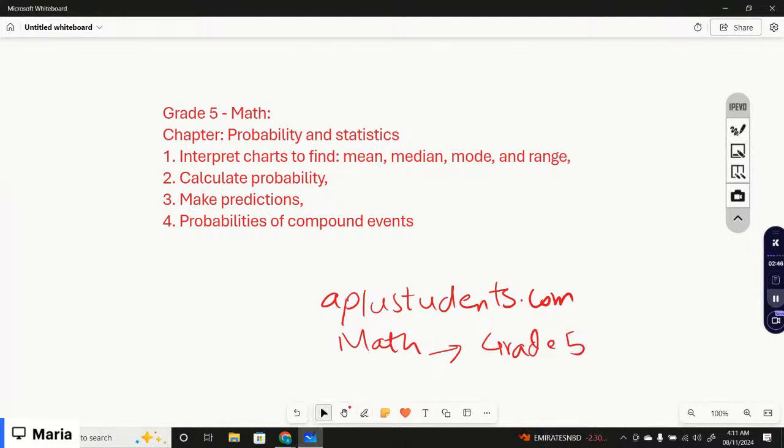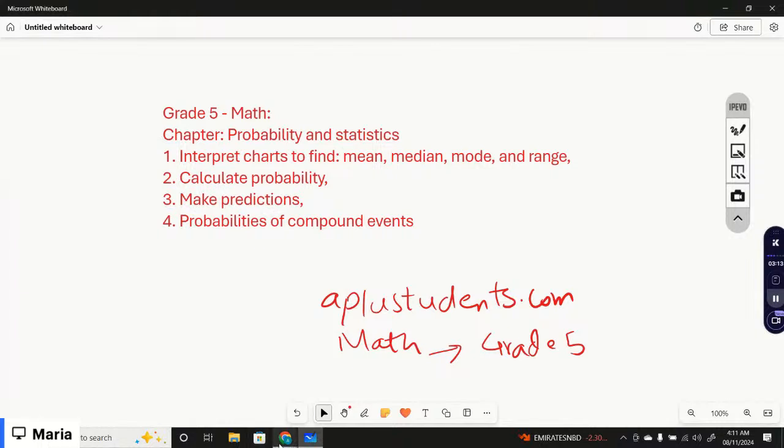We're going to start with the chapter probability and statistics. The lessons we're going to cover today are interpret charts to find mean, median, mode, and range, calculate probability, and make predictions and probabilities of compound events, right?